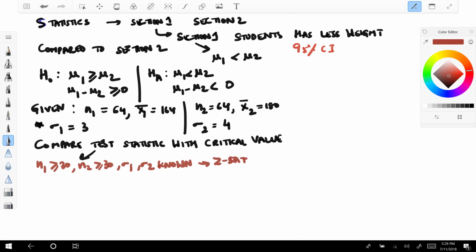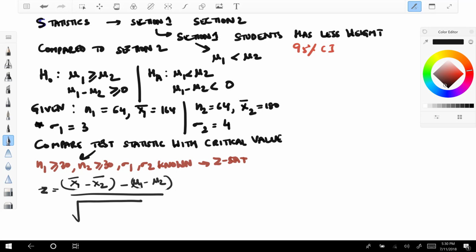So the formula for z stat is given by z is equal to x1 bar minus x2 bar minus mu1 minus mu2 divided by square root of sigma 1 square divided by n1 plus sigma 2 square divided by n2.